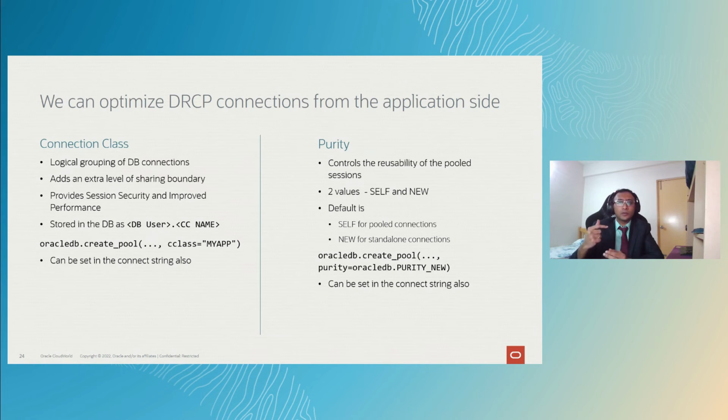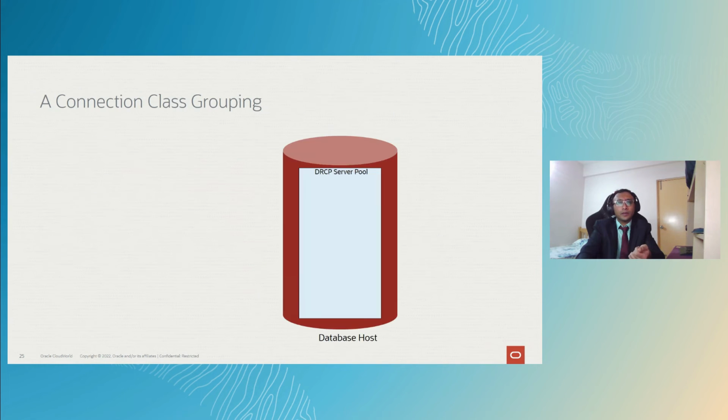This way you don't have to create a session again and again and go through the process of building up and tearing down the connections that we talked about. Or if you want, you can still use a brand new session every time when you set the new value for the purity. Again, similar to connection class, purity can be set in the connect string, or it can be set during the pool creation or the connection creation functions.